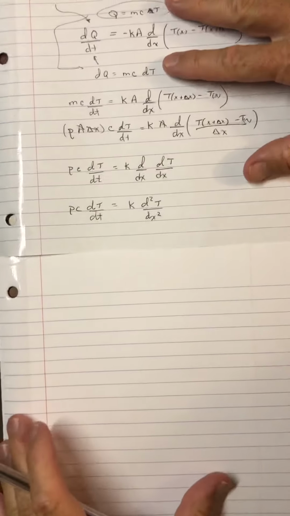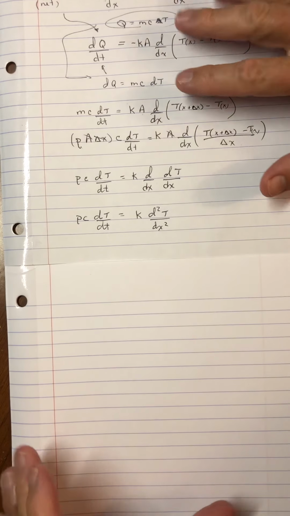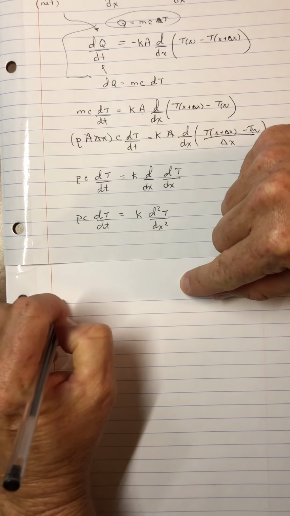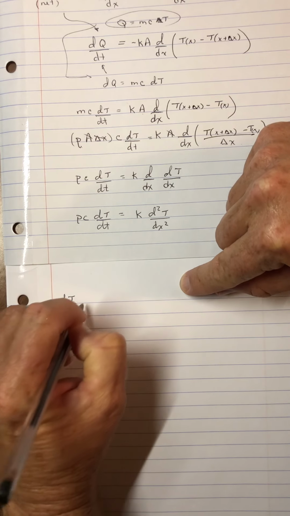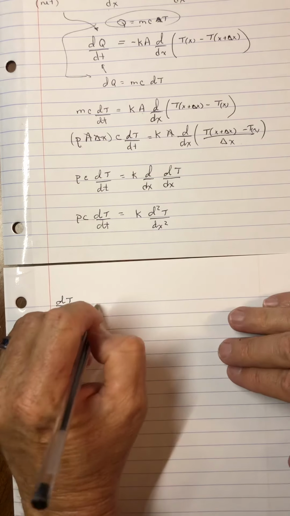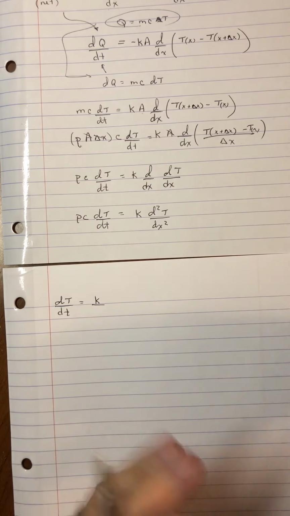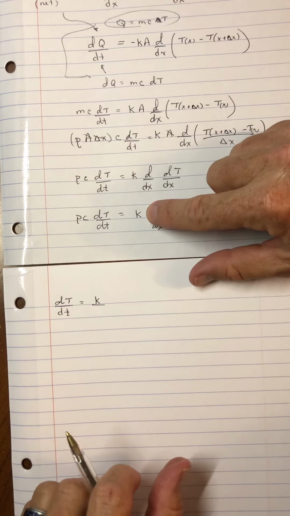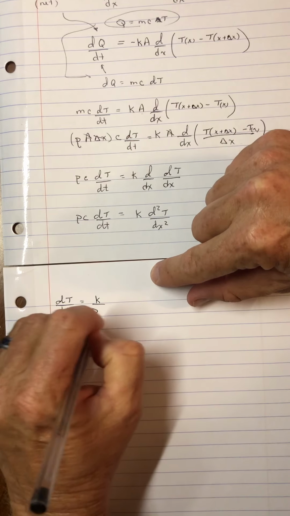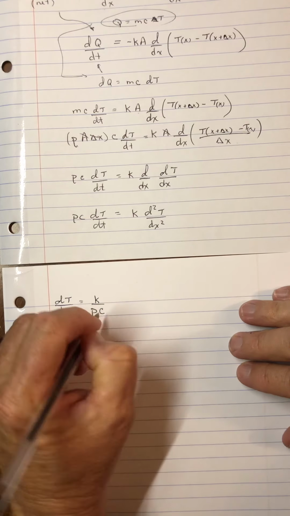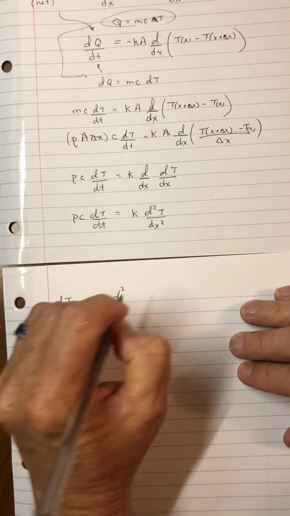Now, usually this is written with these grouped together, so maybe I'll take one more step in this and say, okay, let's write it as how the temperature changes with time is then equal to, and so here are the properties of the material, the thermal conductivity of it, the density of the material, and the specific heat of the material.